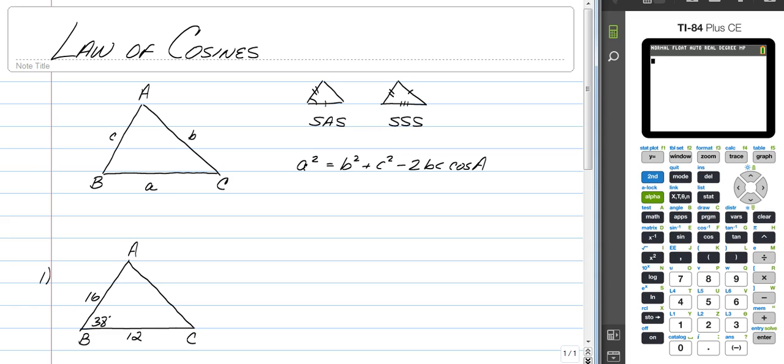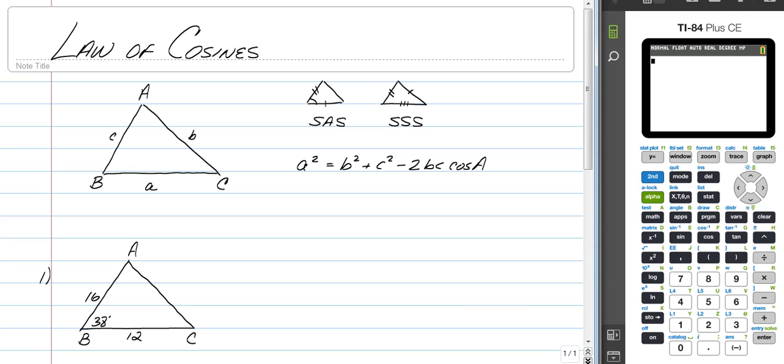So, very similar to the law of sines, we have big A, big B, big C, and of course sides opposite are little a, little b, and little c. So that's the exact same. Now, what's changed is when we are working with the law of cosines, we will not have a big and little letter of the same flavor.